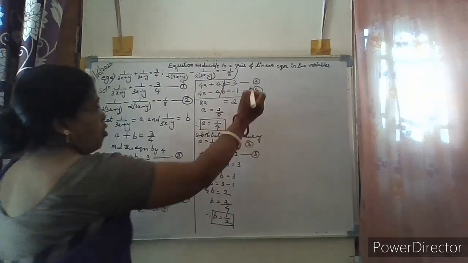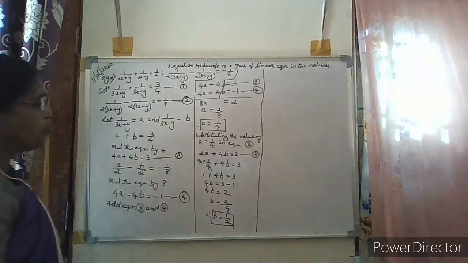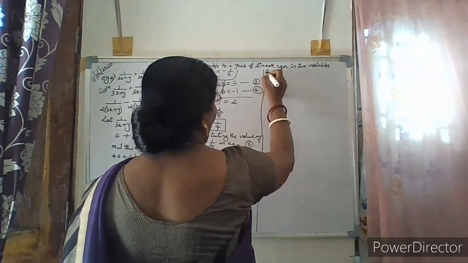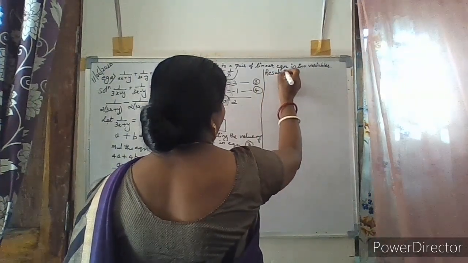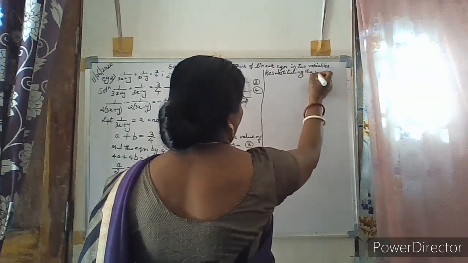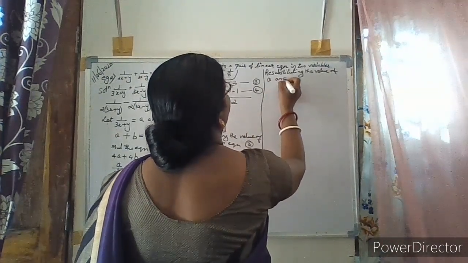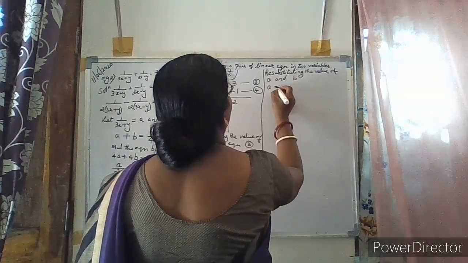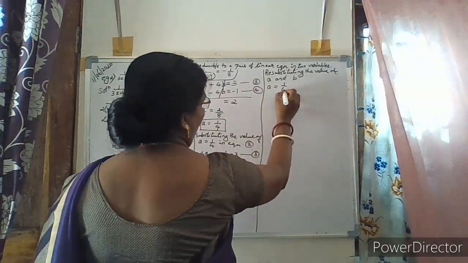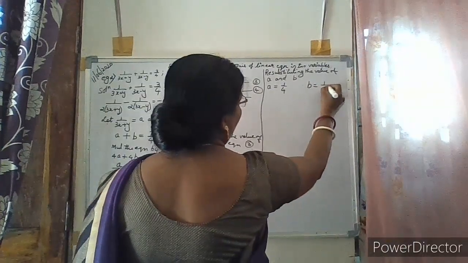Now we have to find out the value of x and y. So we have to resubstitute the value of a and b. We know that a value we have got as 1 by 4 and b value we got as 1 by 2.